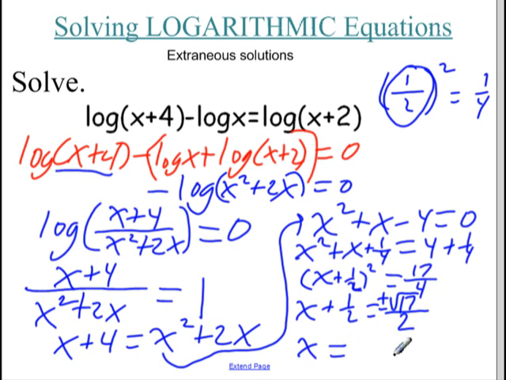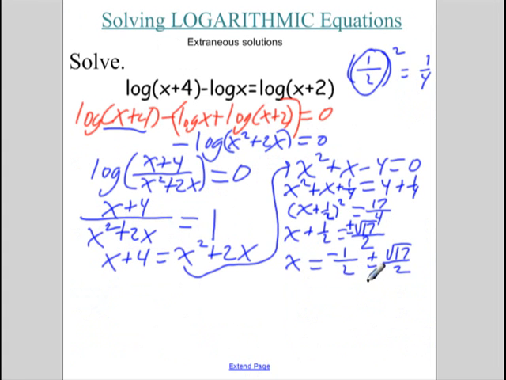And so we get x equals, let's subtract, negative 1/2 plus or minus square root of 17 all over 2.